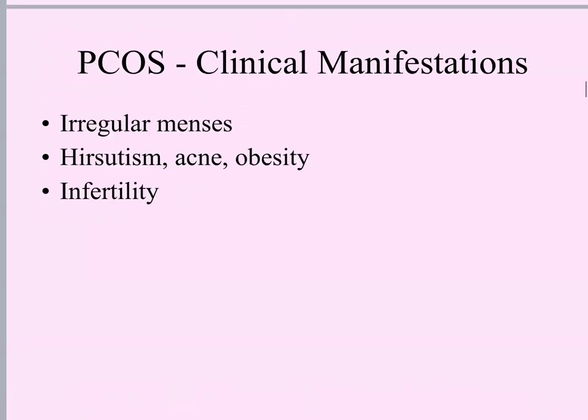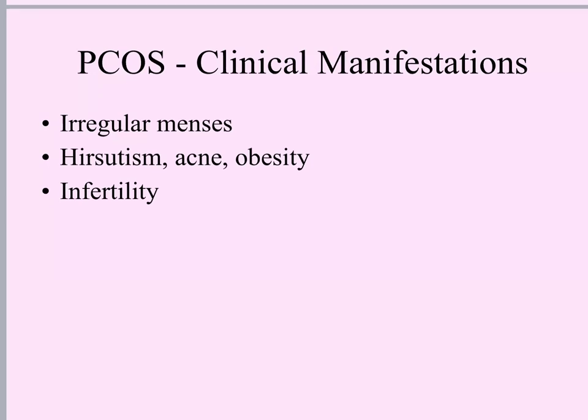So the clinical manifestations of PCOS is irregular menses. Now, when a girl first menstruates, it is normal for it to take up to 3 years after a girl first gets her period for that period to become regular.